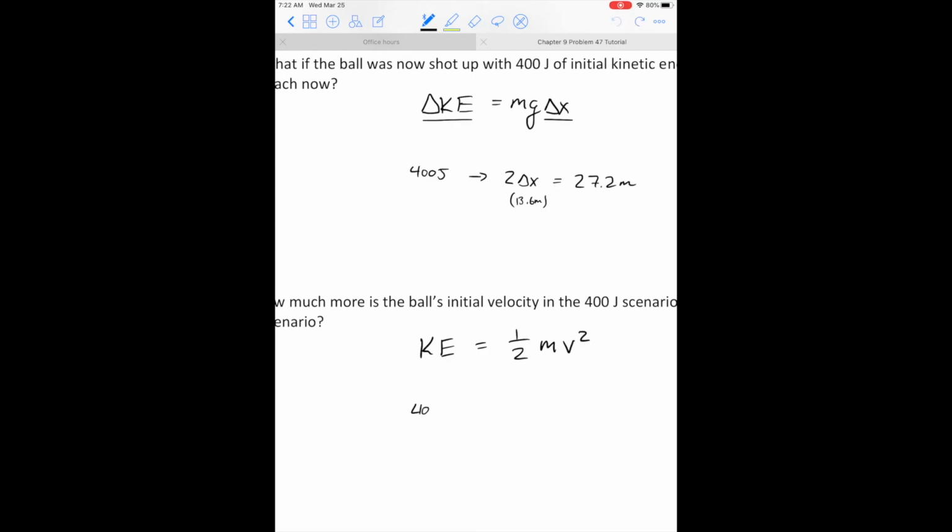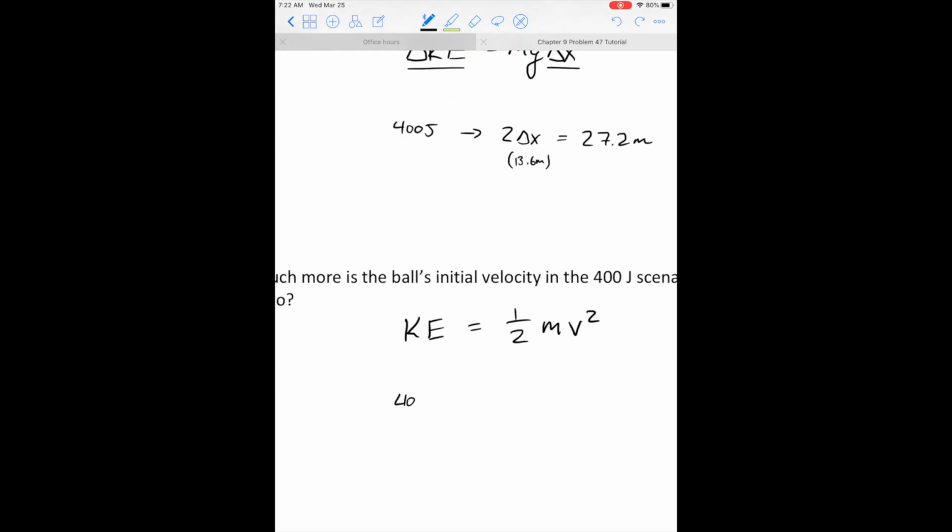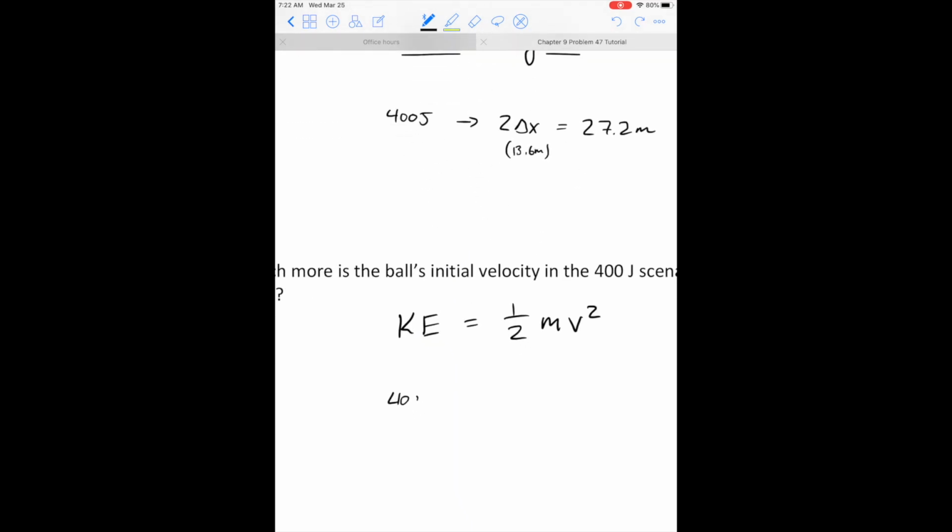So maybe it would be better to look at a ratio here, right? Because actually that's what it's asking us. How much more is the ball's initial velocity? So 400 joules over 200 joules, and we'll set up the same ratio on the other side: 1/2 m v 400 squared over 1/2 m v 200 squared.